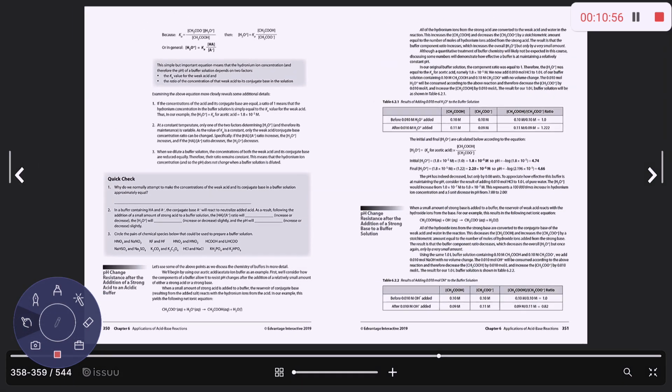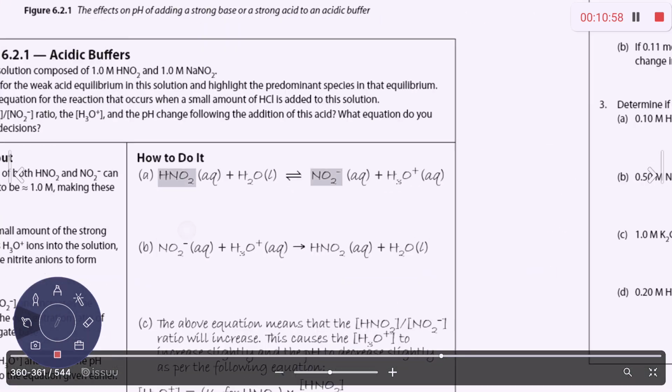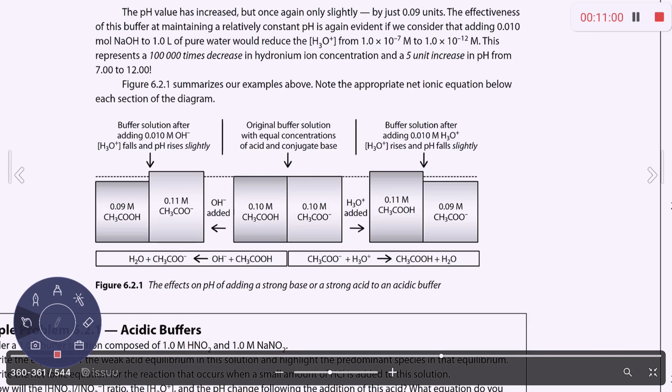On the next page, they summarize what happens to a buffer solution in this figure. Okay, so here we've got the effects on pH of adding a strong base or a strong acid to an acidic buffer. Here was your original buffer solution. You had equal concentrations of a weak acid with its conjugate base.